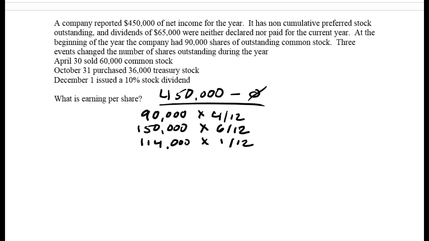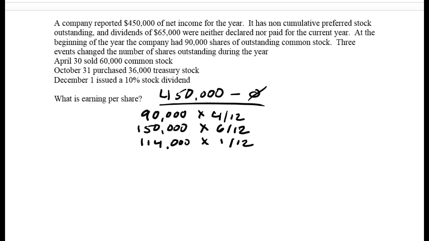But on December 1st, a stock dividend is issued, a 10% stock dividend. Again, the corporation receives no economic benefit from this stock dividend, but it does change the number of shares outstanding. Anytime you have no economic benefit received, you must make it retroactive to the first of the period presented.